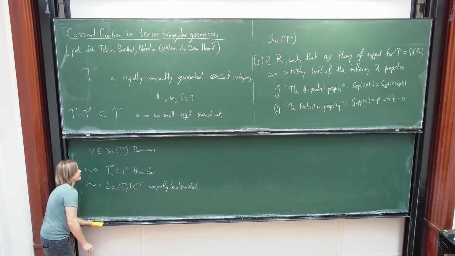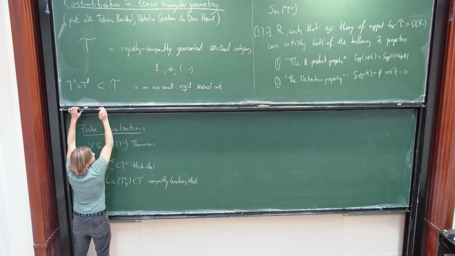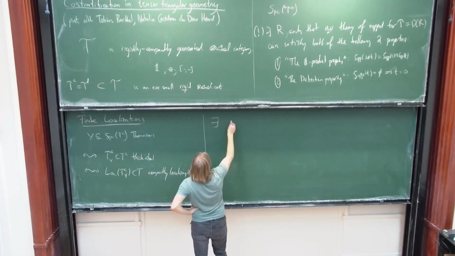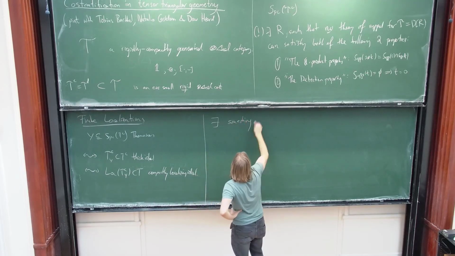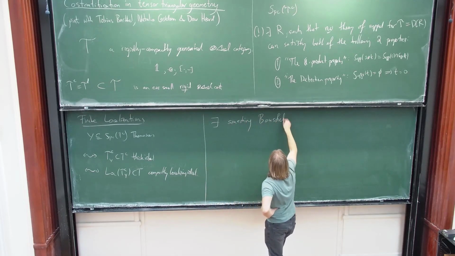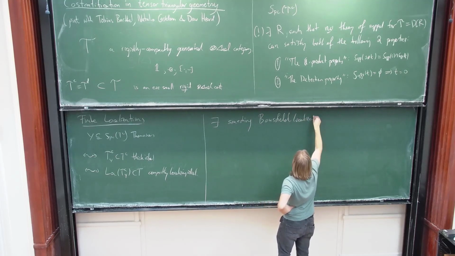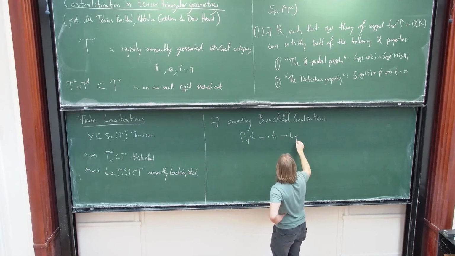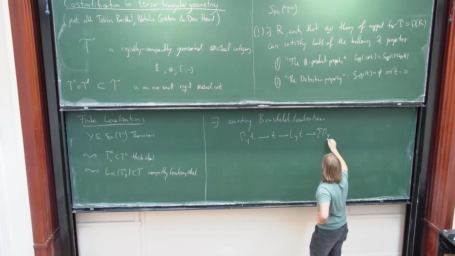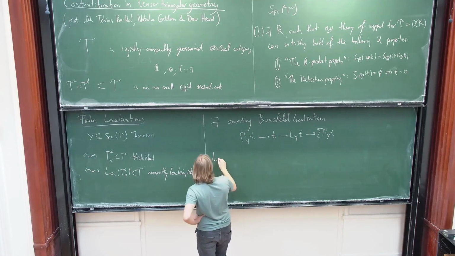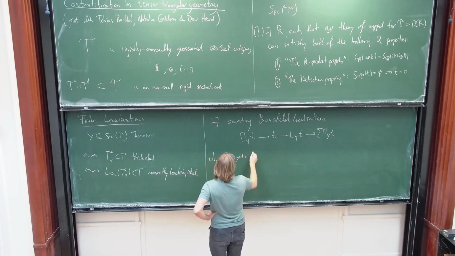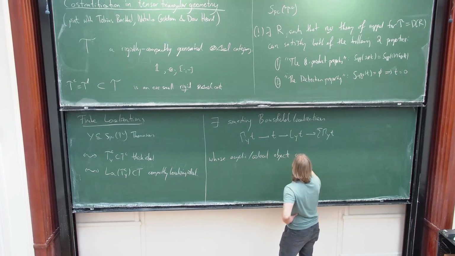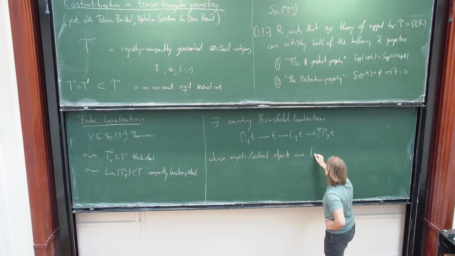And there exists a smashing Gauss-field localization gamma_Y T to L_Y T whose acyclic objects, or in other words co-local objects, are this compactly generated localizing ideal.